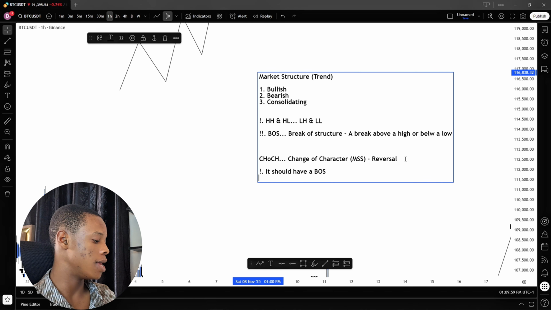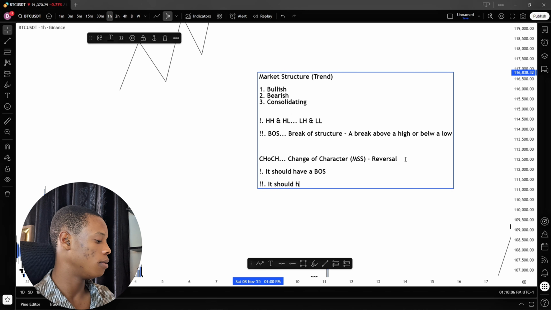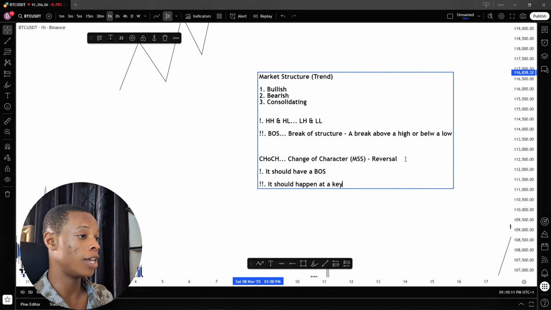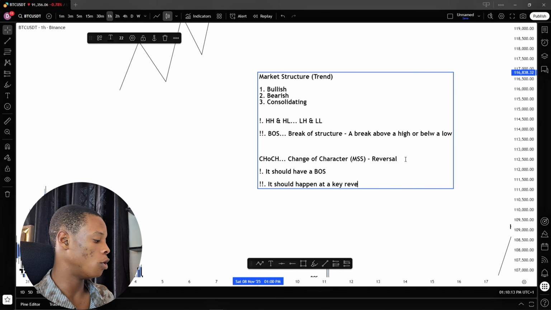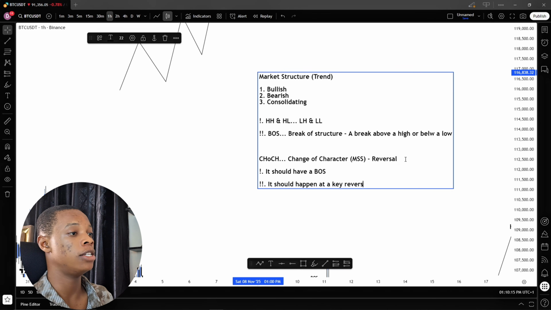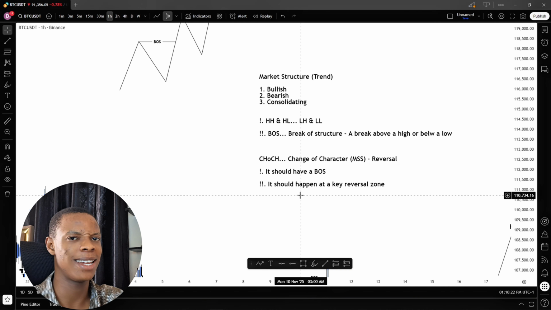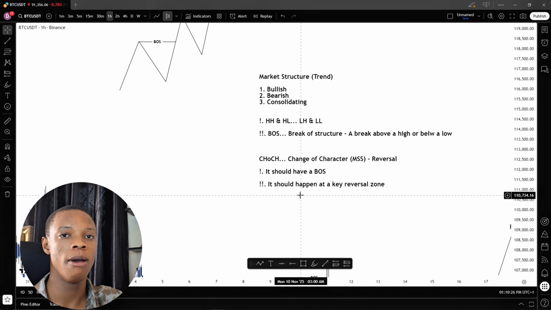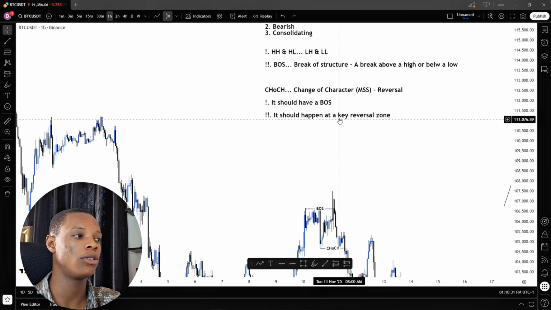Then the second thing that's going to make it valid is that it should happen at a key level or key reversal zone, for you to actually confirm that, okay, this is actually valid, this is actually going to change the bias, change the move. If it just happens at a random zone, there's a high chance that that's a fake out. That's just a liquidity grab for the buy or the sell to continue. But if it happens at a key reversal zone, that can give you more confidence that this will actually hold.